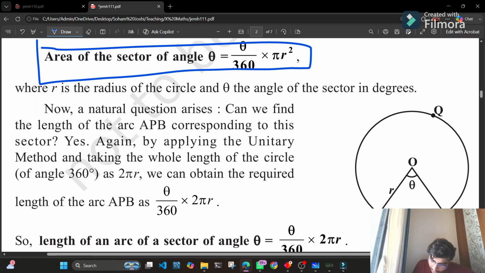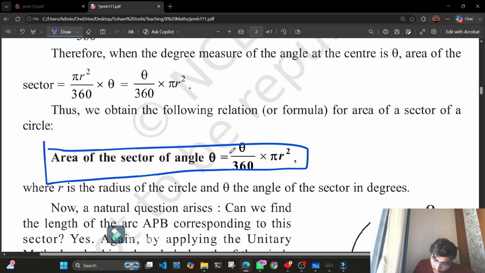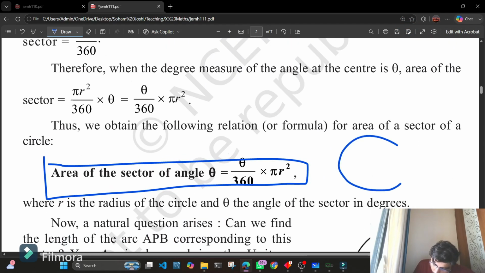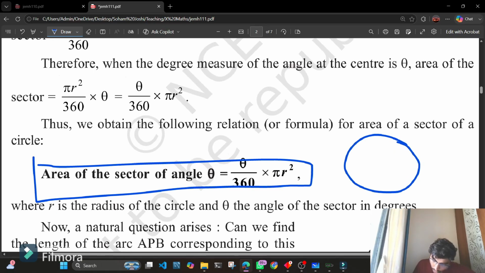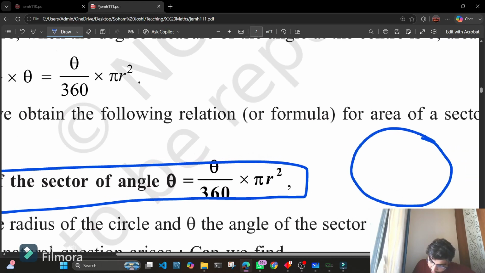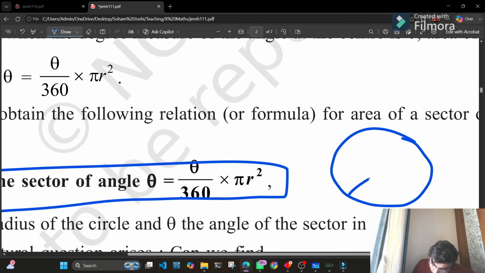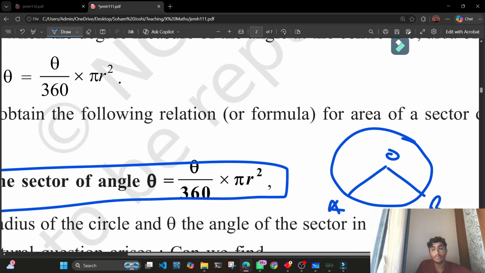Now let's say I have a circle over here. If I make a sector over here, this is the center, and this is OA, OB. So OA and OB are my radii, and AB is the minor segment.